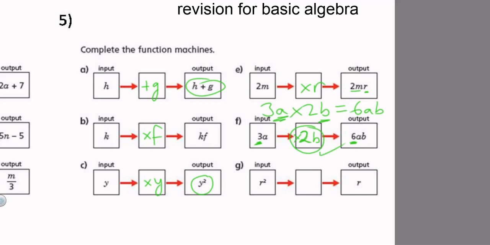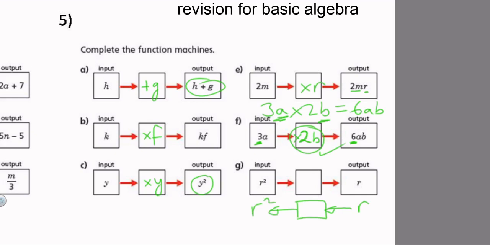Right, this one's a little bit tricky. Here, for example, if you was to go backwards, I'm just showing you the inverse operation.